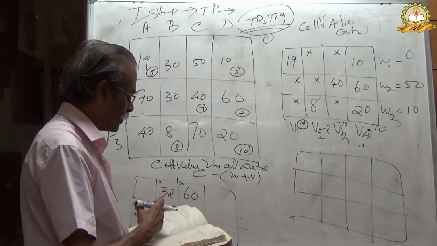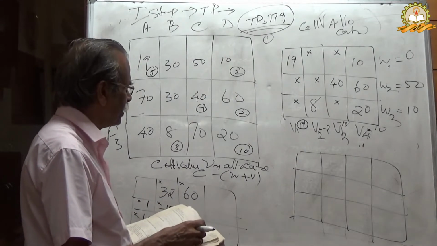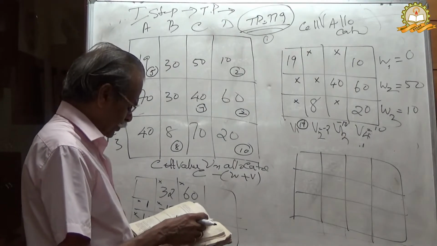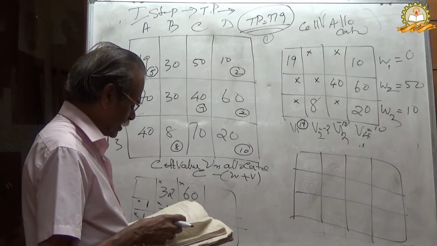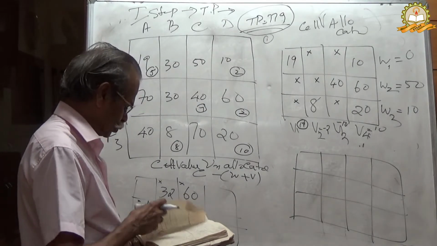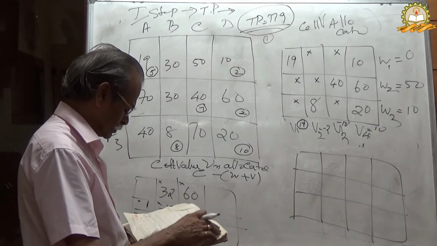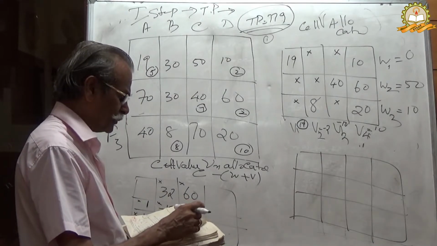Revised matrix, you have P, Q, A, B, C, D, F1, F2, F3.